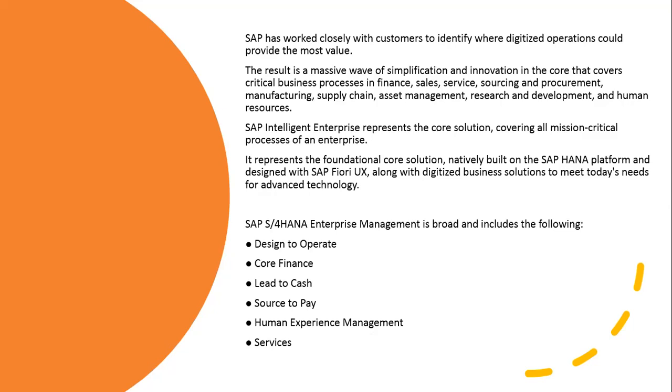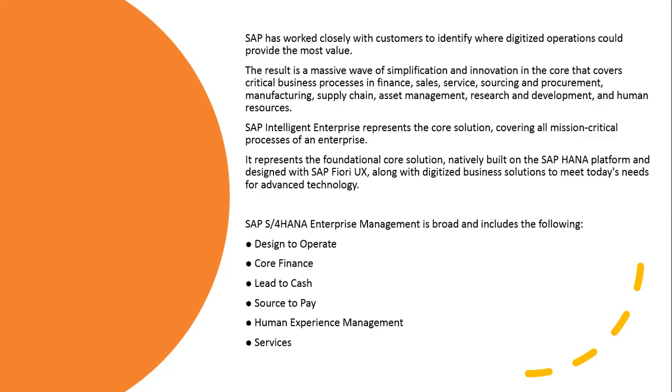Things like reporting, you had to move from one table to another. So I believe S4 HANA tried to simplify the process and introduce innovation in the core that covers critical business processes in finance, service, sourcing, and procurement. These are the core modules in the S4 HANA database.